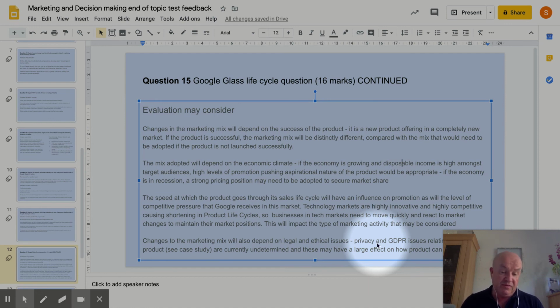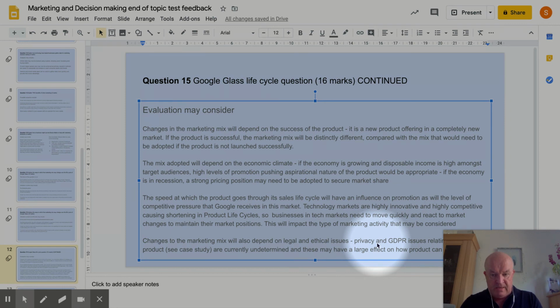So the privacy issues and the GDPR issues of sharing data and keeping data safe, etc., is something that could have a major effect on how this product can be marketed and how that might affect the success of the launch.